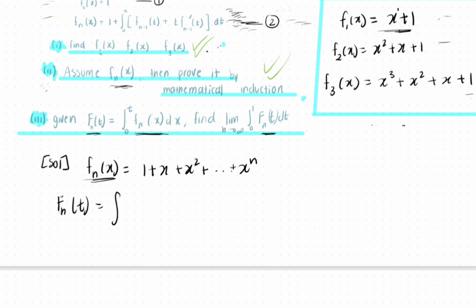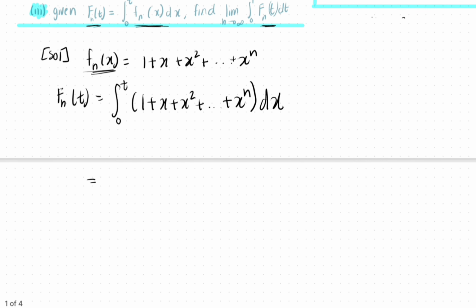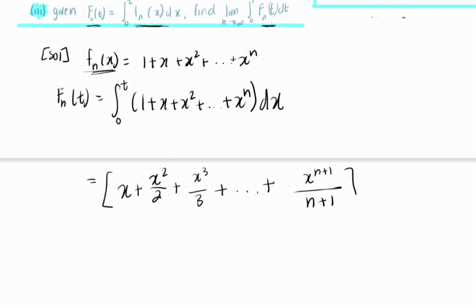So F_n(t) is equal to the integration from 0 to t of f_n(x), which is just 1 plus x squared dot dot dot plus x to the power n, dx. Let's simplify this. We get x plus x squared over 2 plus x cubed over 3 plus dot dot dot plus x to the power n plus 1 over n plus 1, from 0 to t.